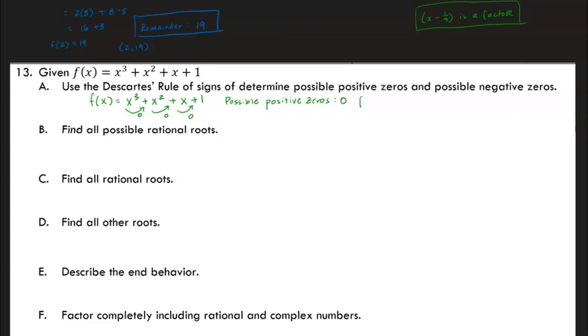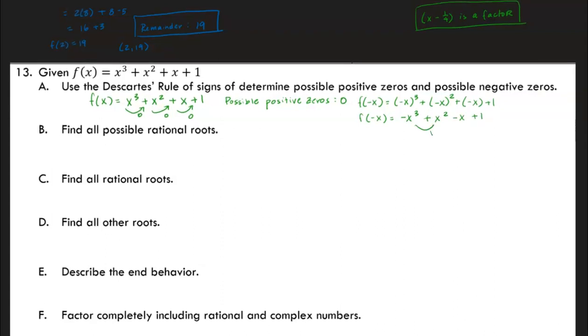To find the possible negative zeros, I have to substitute negative x into the function, and then I'm going to simplify. That's negative x cubed plus x squared minus x plus 1.